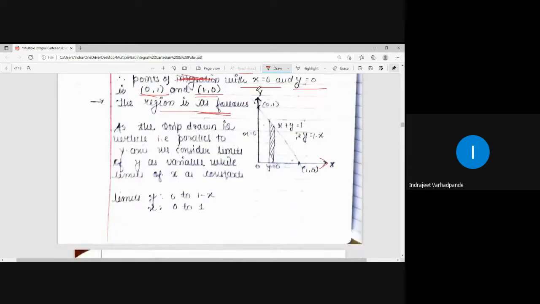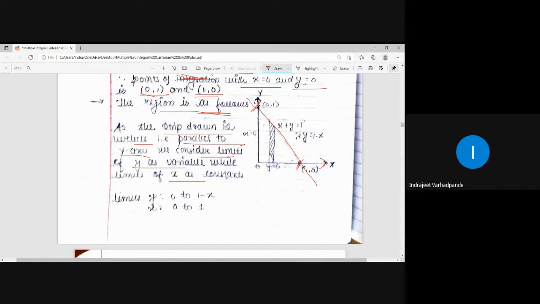So I will be drawing the figure. This is your x-axis, this is your y-axis, this is the point 1 comma 0, this is the point 0 comma 1. The line passing through these points is x plus y is equal to 1. As the strip drawn is vertical, parallel to the y-axis, we consider the limits of y as variable while the limits of x are constant.